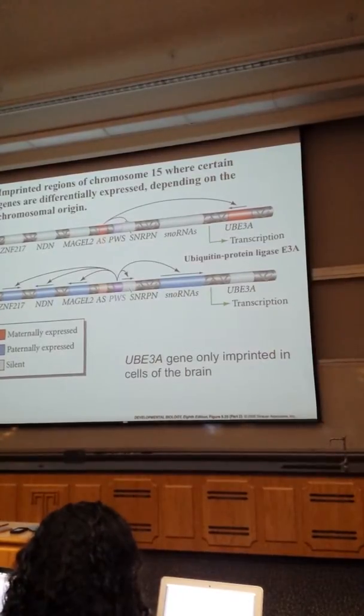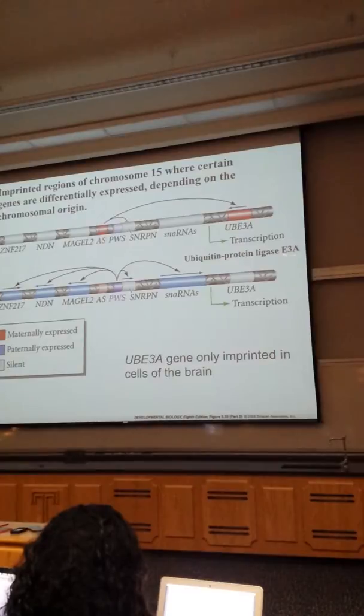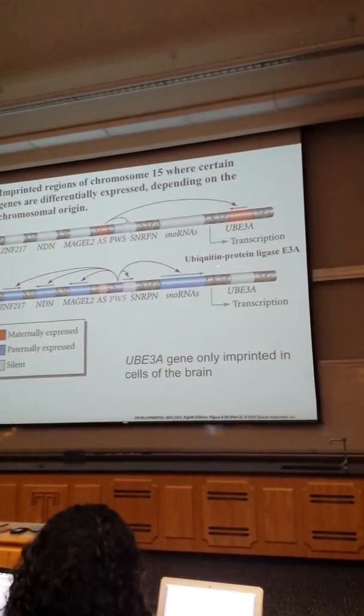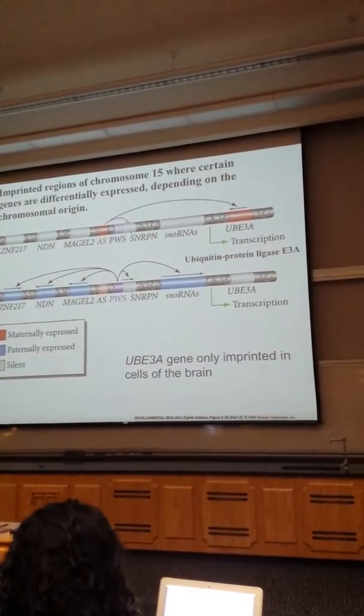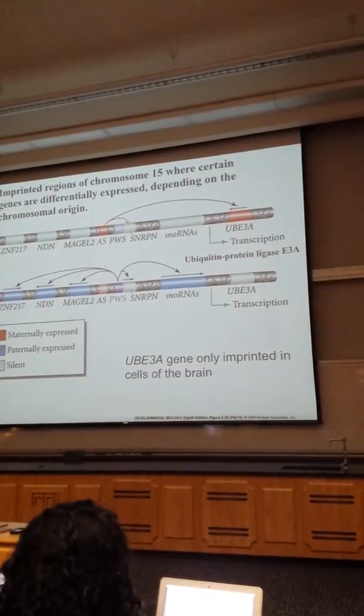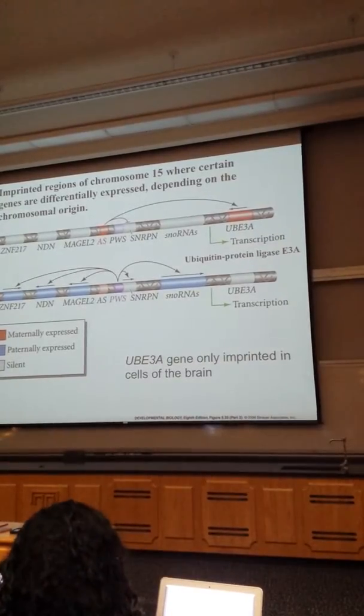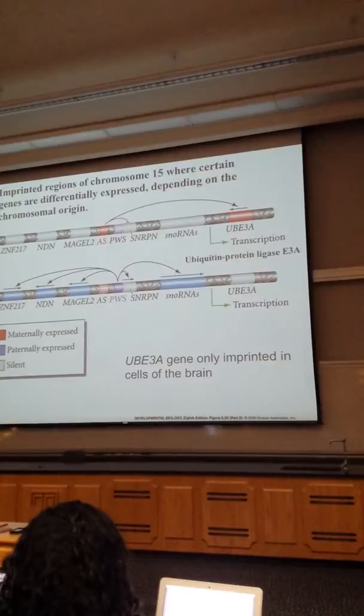So what happens in this case is ubiquitin protein ligase in our cells, especially the cells in the brain. This particularly affects the brain. In the cells of our brain, old proteins that need to be degraded, remember, I talked about this.